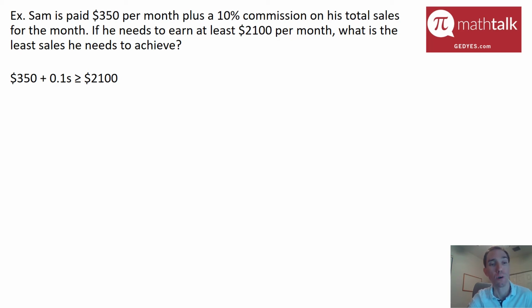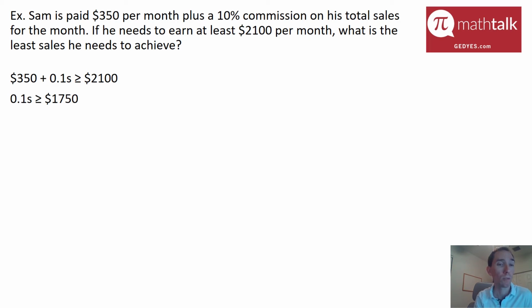I can go ahead and solve for S, which is his sales. So to do that, I'm going to subtract 350 from both sides. That gets me 0.1S is greater than or equal to 1750. Then I just need to divide both sides by 0.1. Good thing about this is there's a trick to that. Divided by 0.1 is the same thing as multiplying by 10, because 0.1 is the same thing as 1/10, and dividing by 1/10 is the same thing as multiplying by 10.